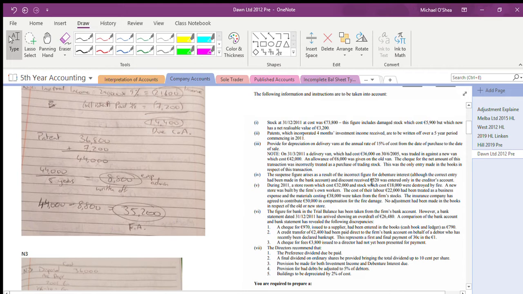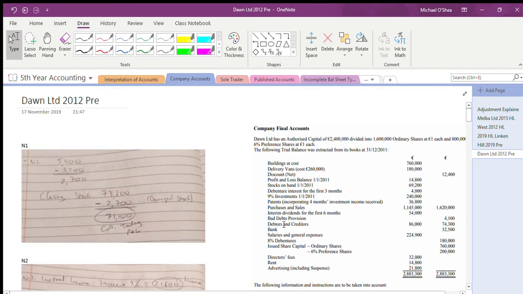Discount received, I'll just look at this because it generally catches people out a little bit more. Discount received 320 entered only into the creditors' account, therefore obviously it's missing from the discount account. The discount figure shown here is 12,400 on the credit side, so that's income.